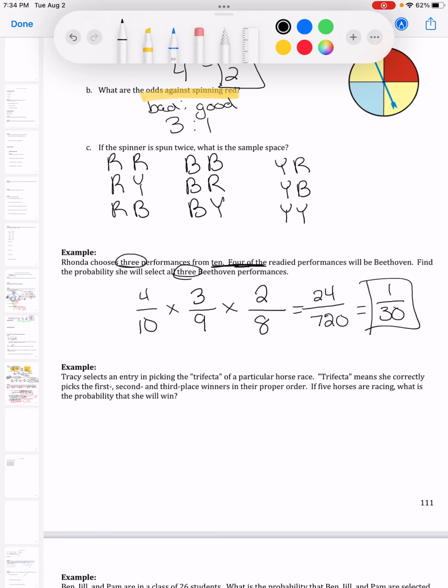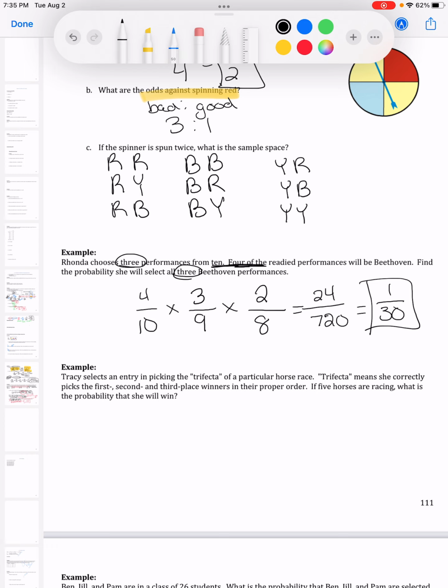Here's another one that's kind of similar to this one. We're back to racing. We saw that with permutations and combinations. We're going to bet on what's called a trifecta, that's correctly guessing the first, second, and third place in that order, like knowing exactly who won. And in this race, there are 5 horses.